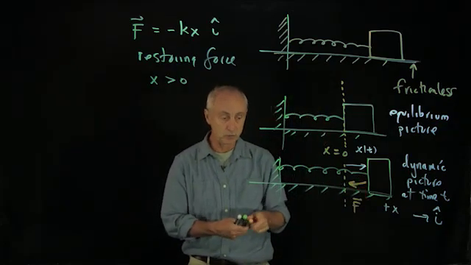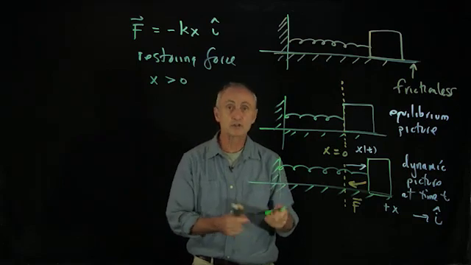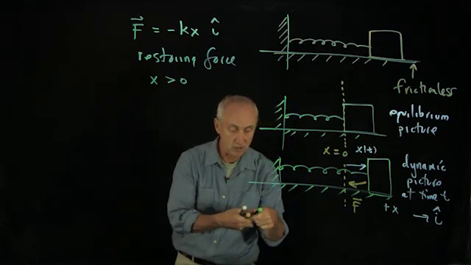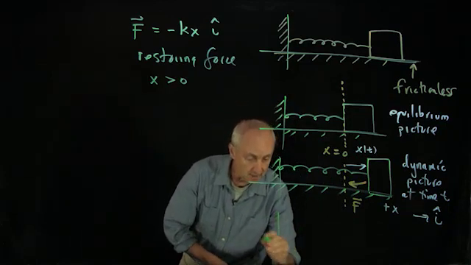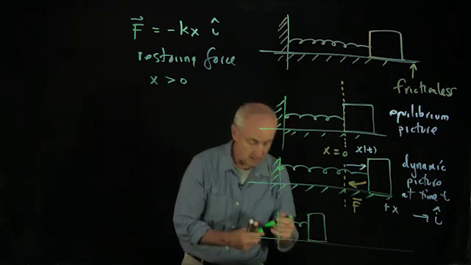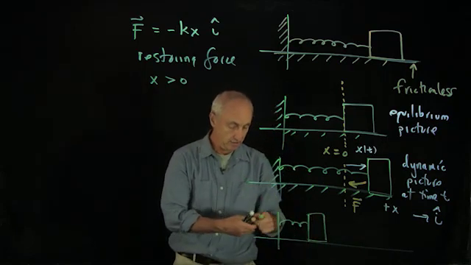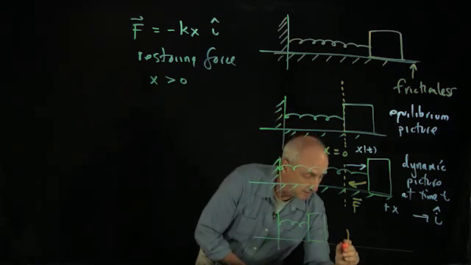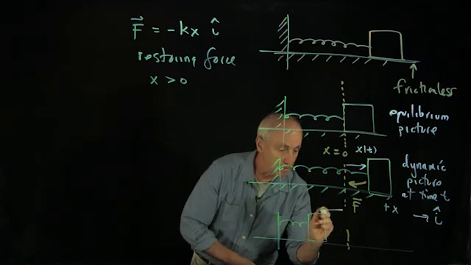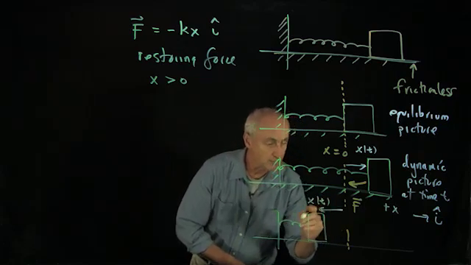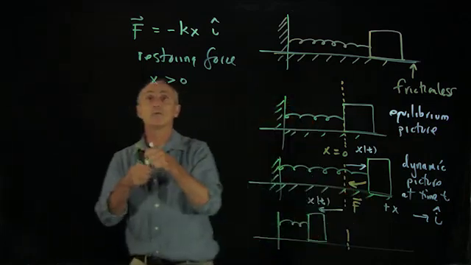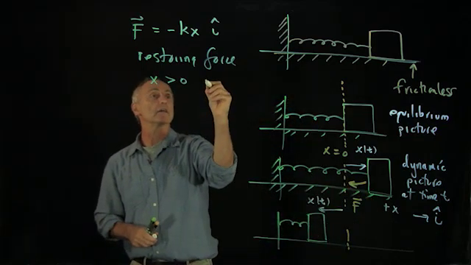Now, suppose we drew another picture where the object is pushed in, compressing the spring. So let's draw, once again, a diagram. And let's show the spring under compression from our equilibrium position. Now here we have, again, that x of t. But in this case, x of t is negative.